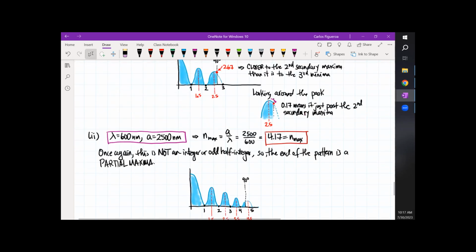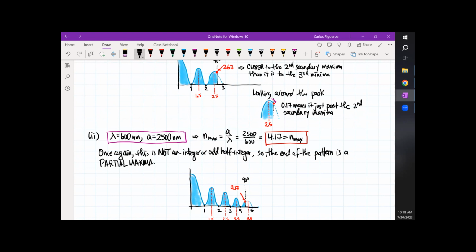Very similar to up here, we looked at our peak value. This value right here is 4.17.